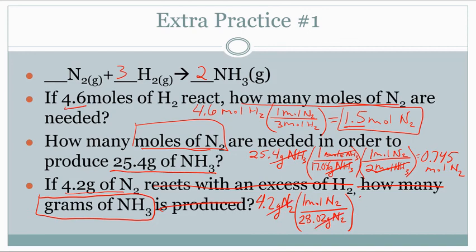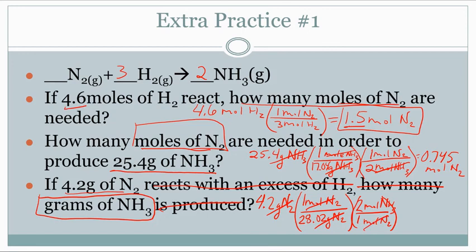Grams N2 cancel. Now I'm going to go from moles of N2, which are on the bottom, to moles of NH3. Remember, I have to go to moles before I'm able to go to grams. So 2 moles of NH3 for every 1 mole of N2.